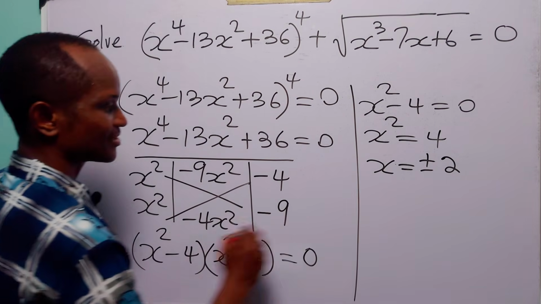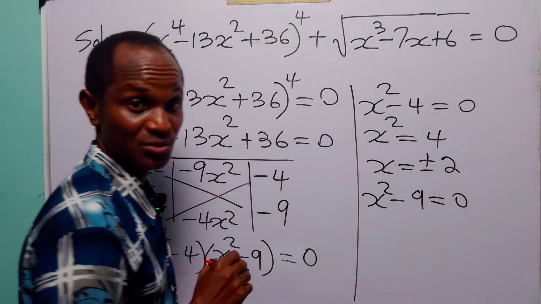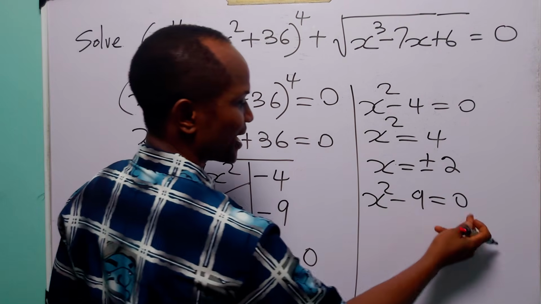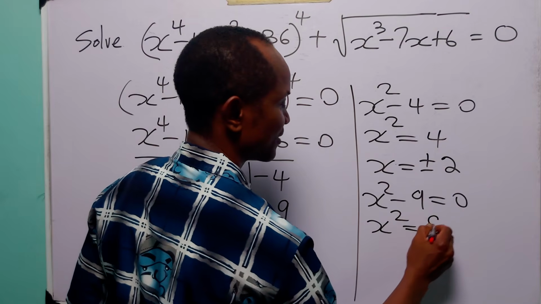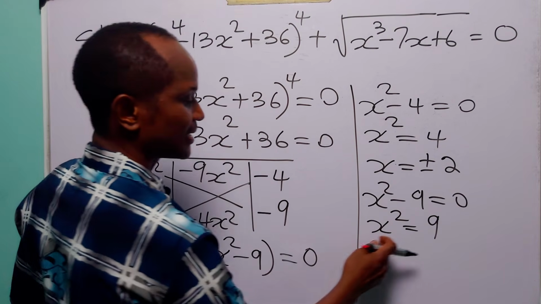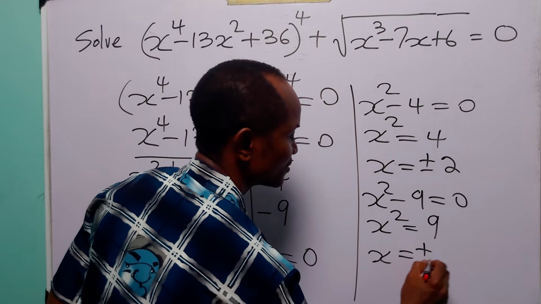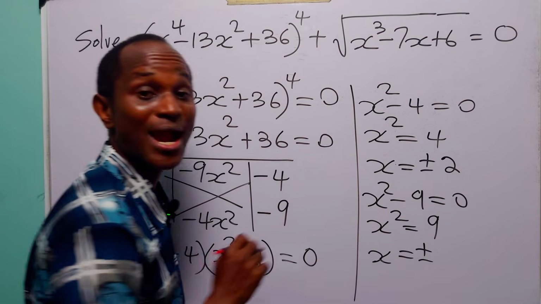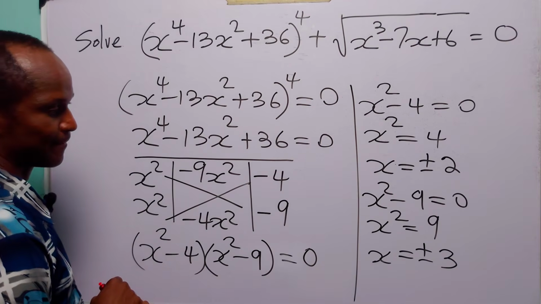Or we have that x squared minus 9 is equal to 0. Once more, when we add 9 to both sides of this equation, we have that x squared is equal to 9. Taking square root of both sides of this equation, we have that x is equal to plus or minus the square root of 9, which is equal to 3.